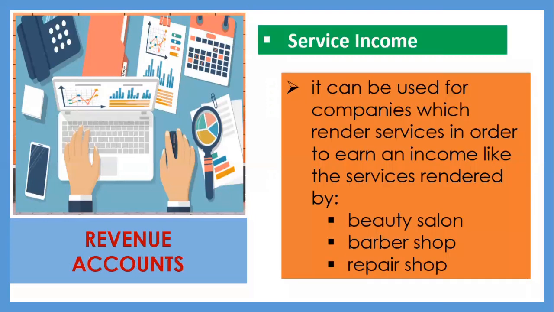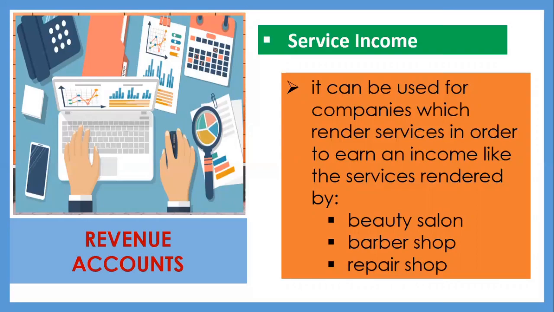Now, if we say service income, it can be used for companies which render services in order to earn an income, like the services rendered by a beauty salon, barber shop, and repair shop. In order for us to better understand service income, let us have a specific example.